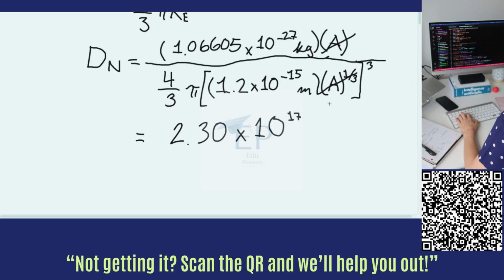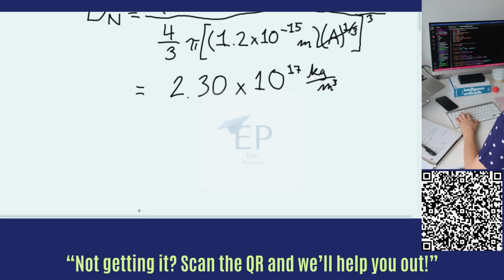And that is in units of kilograms per cubic meter. Given both these densities, we can now determine the radius of the Earth, given it has this density of 2.30 times 10 to the 17th kilograms per cubic meter. What would its radius be in that case?